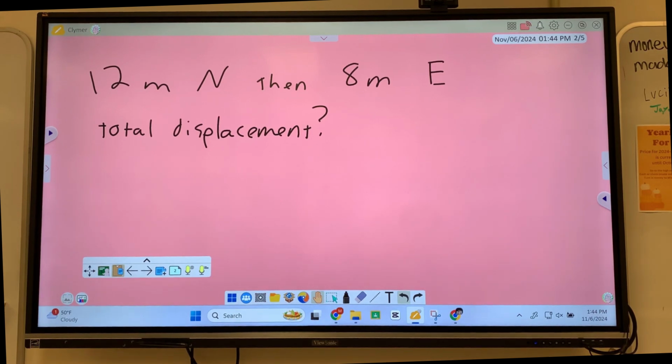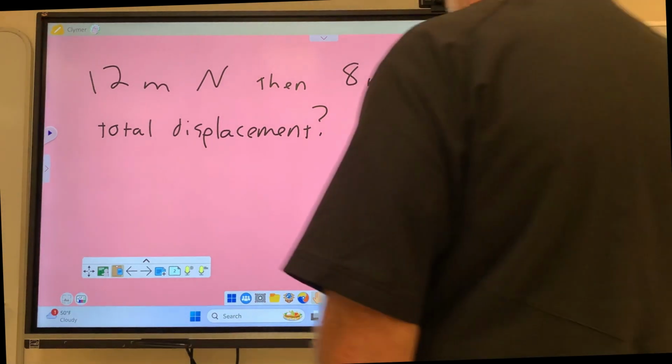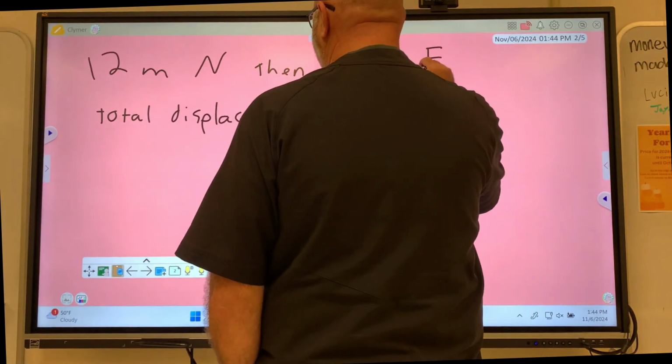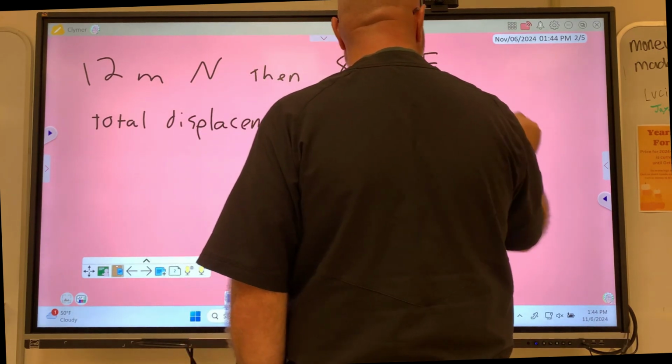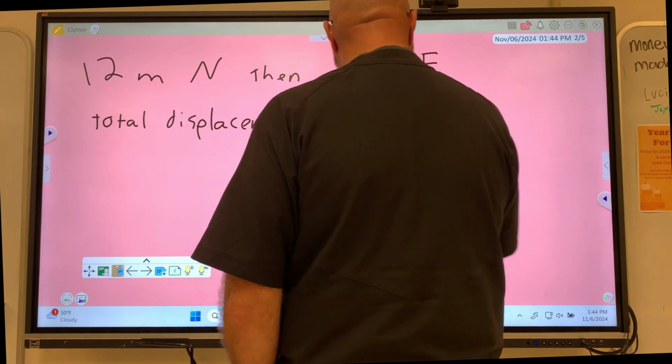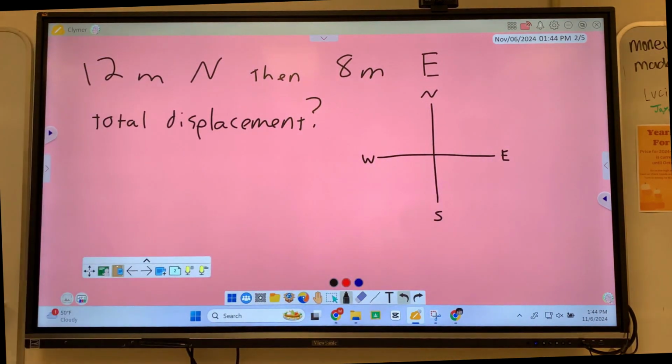How can I set up this problem? My advice would be to start here, not here. 12 meters north, then 8 meters east. Where do I end up, and how would you describe that displacement?